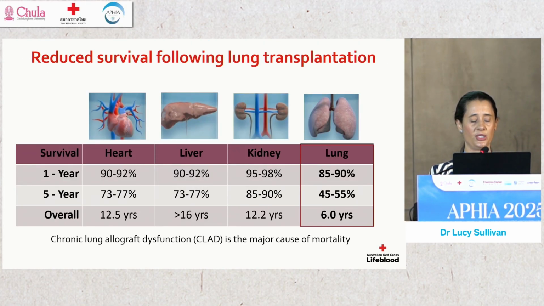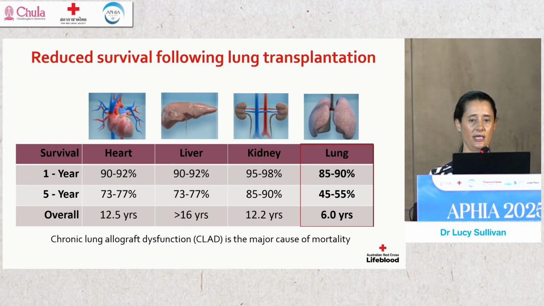So just going back to our lung studies, we have expanded beyond AT1R to look in this cohort, and the Alfred team are really active in pursuing mechanisms behind chronic lung allograft dysfunction, or CLAD, because it's the leading cause of mortality following lung transplantation.